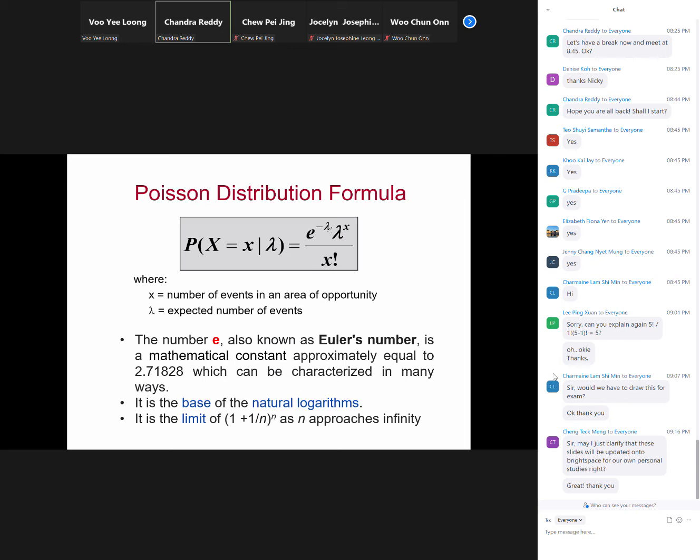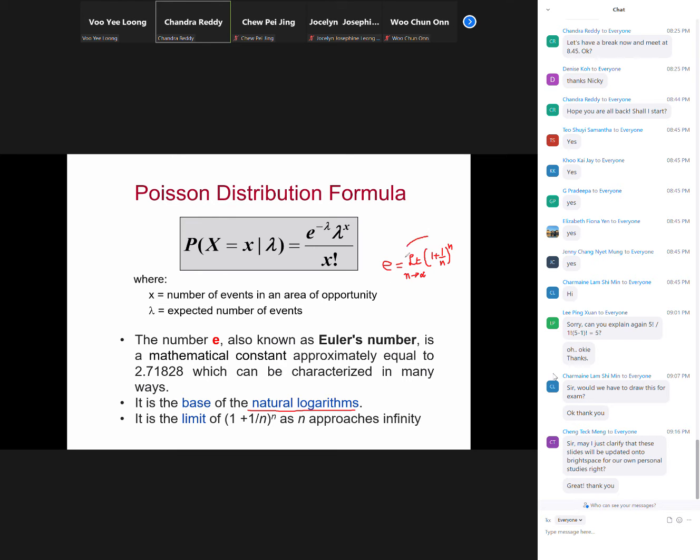Talking a bit more about this exponential E value, basically it is the base of the natural logarithm. So the exponential value E can be written as the limit of 1 plus 1 over n, to the power of n, as n tends to infinity.